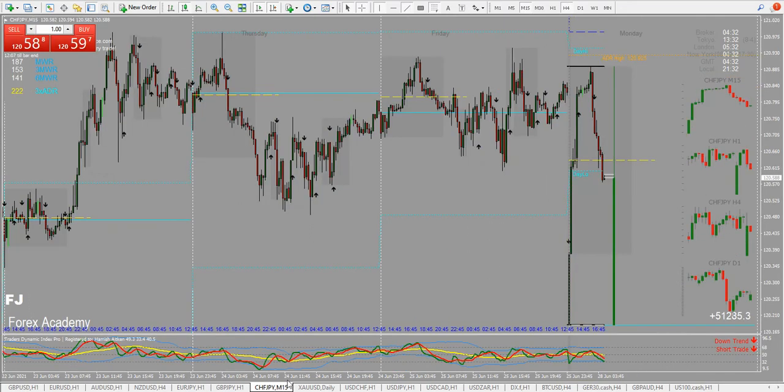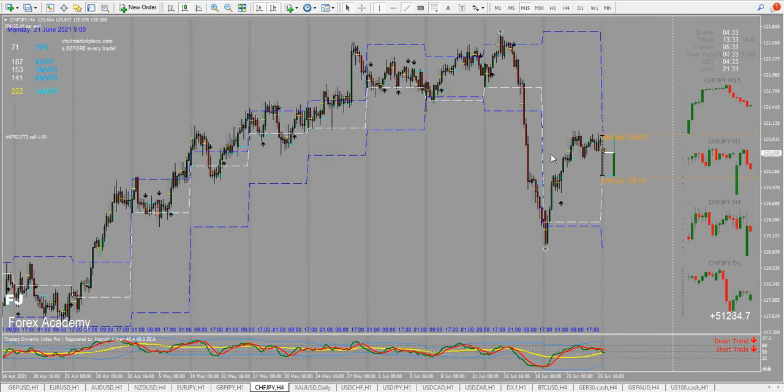And then CHF JPY, wow, what a gap! This was a big gap, guys. Let me count how many pips. 61. If you were on a sell on this pair, guys, you could have made a lot of money. And when the market opened, you could have closed your trade, and then they started to drop.